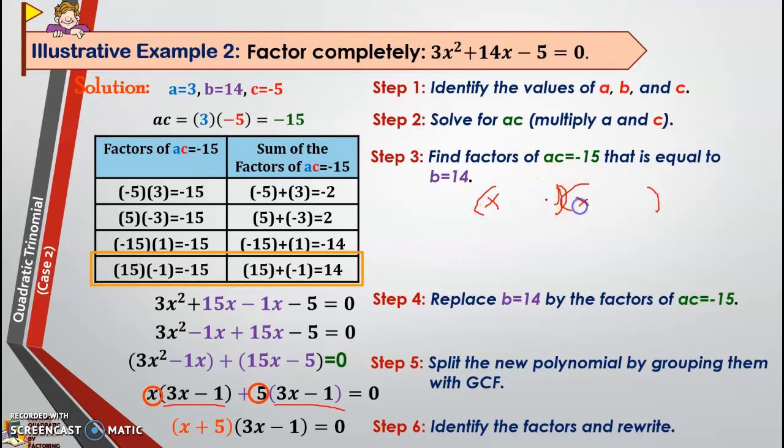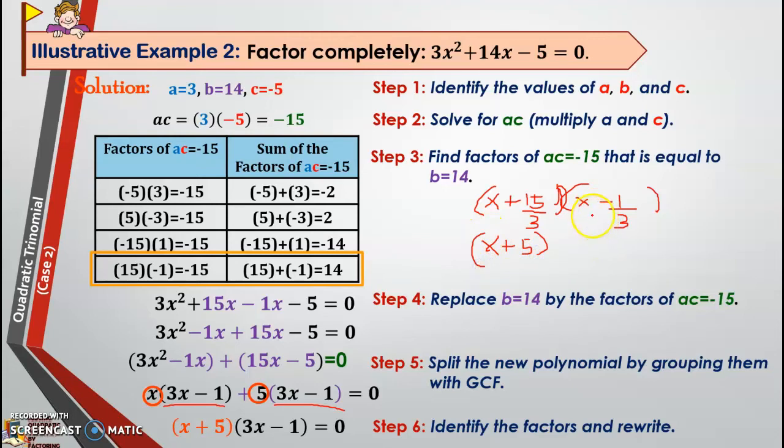Make 2 close open parenthesis, and then whatever the sign of this 2, you have to copy. So x plus 15, x minus 1. After that, you divide it by whatever the value of a is. Since a is positive 3, so we divide it. So x plus 15 over 3, that is x plus 5, right?